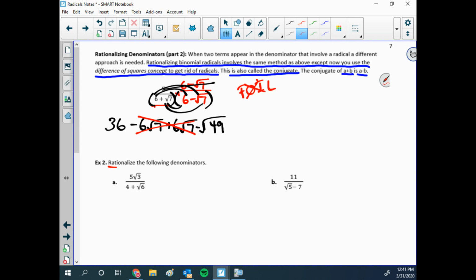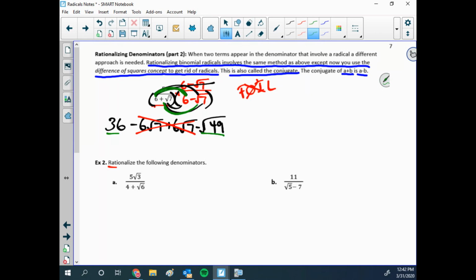So when you're multiplying by a difference of squares, or by a conjugate, we don't actually have to complete the full FOIL, because the two middle terms are going to be identical and cancel each other out every time. So all I need to multiply are the first terms together and the last terms together, as a shortcut.